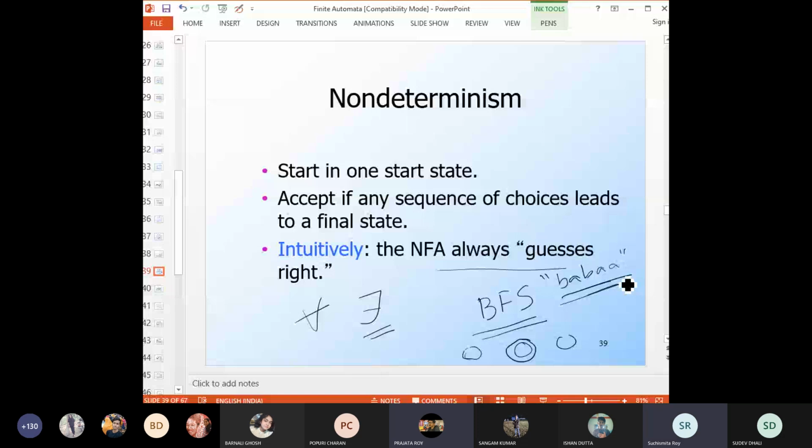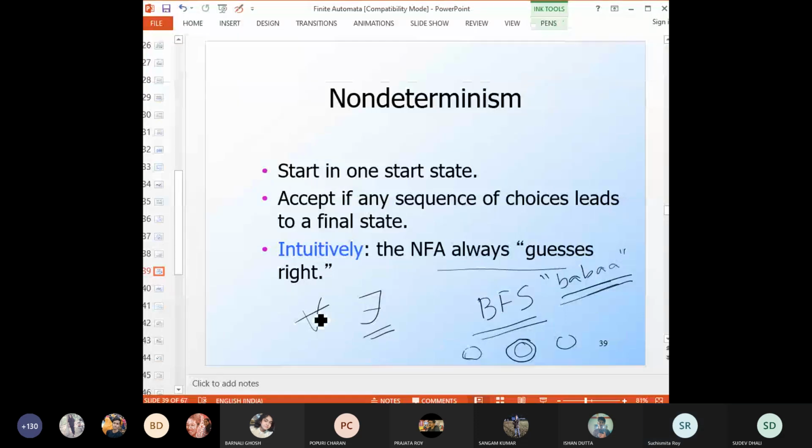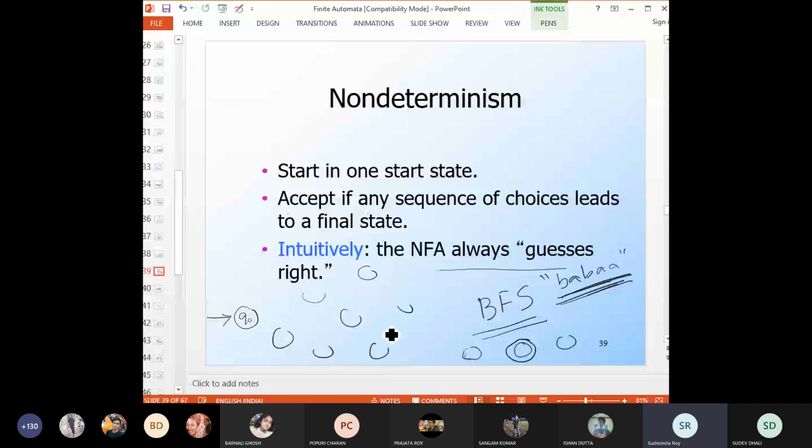Suppose you start from, okay, let me do some cleaning up work here first. Suppose this is my start state. Okay, let's call it Q0. And then we have been given the string, say BAA. We start moving in this finite automata. It has a series of states, many different states, and it's got a complicated graph.